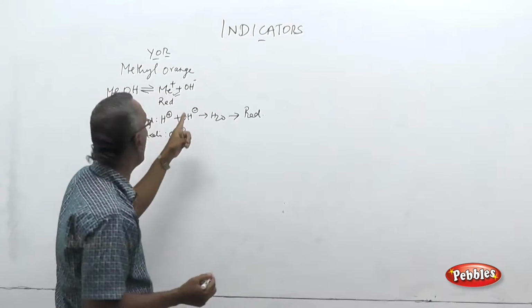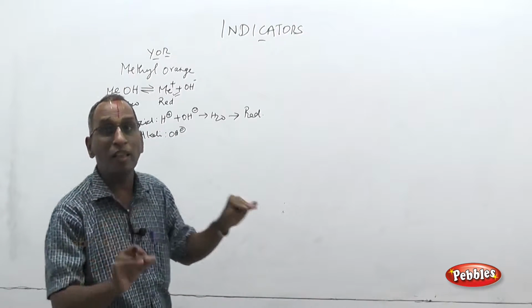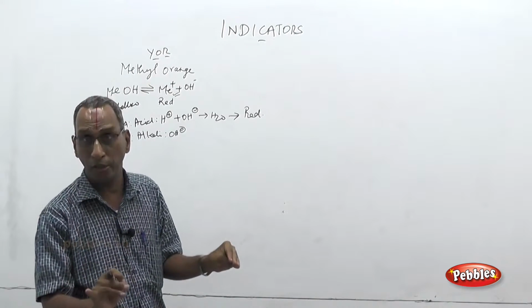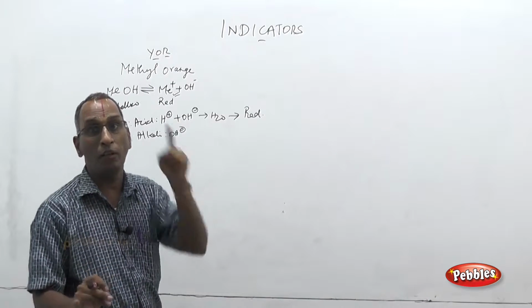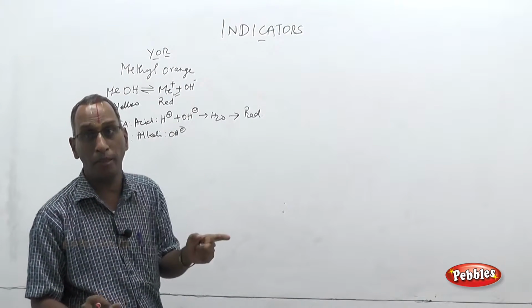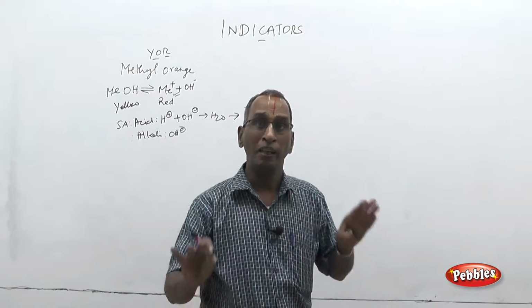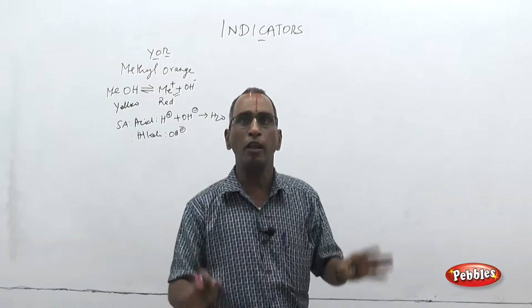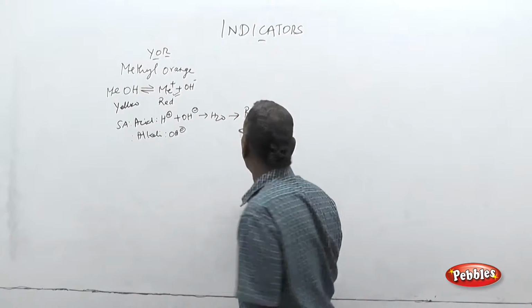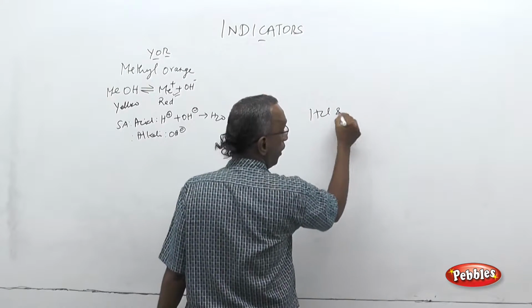In all these cases, we explained only with respect to strong acid and strong base. The question arises, if one of the components is weak, what happens? Both indicators can be used if the acid as well as the base is strong. Here we have illustrated only with HCl and NaOH.